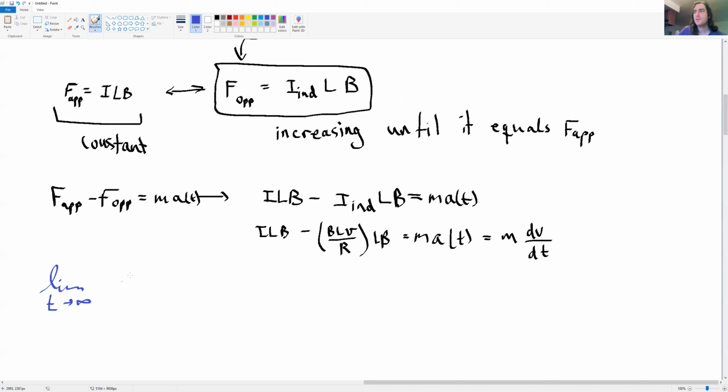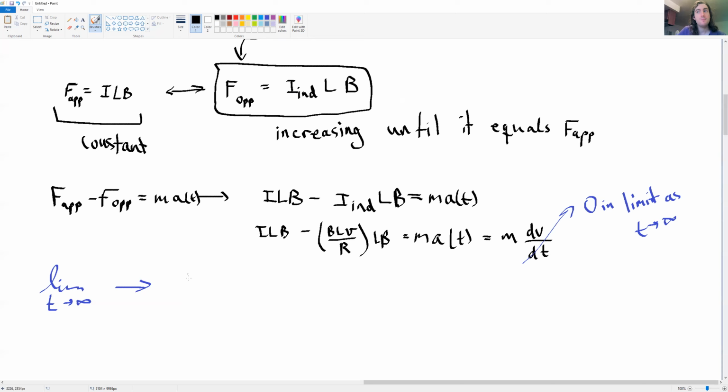Because as t goes to infinity, the acceleration goes to 0. So this term goes to 0 in the limit as t goes to infinity.